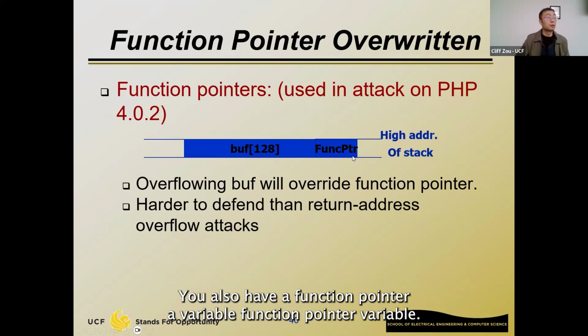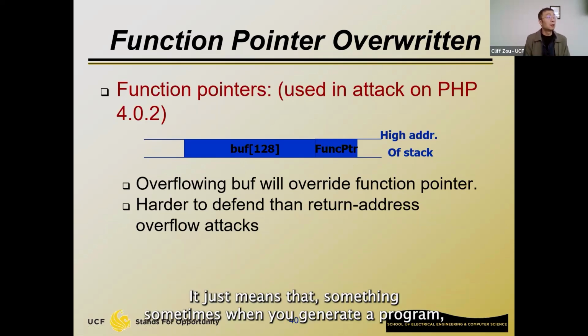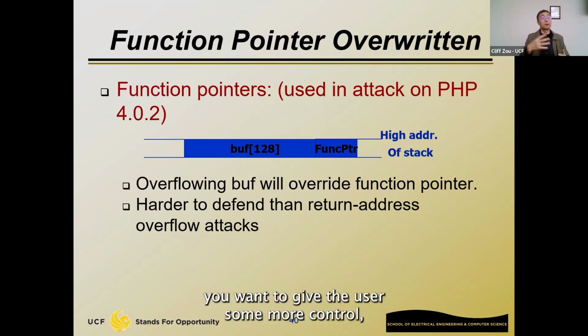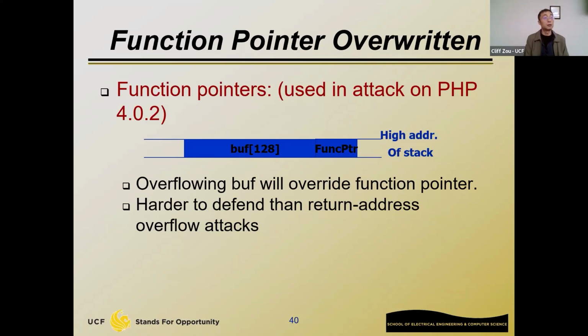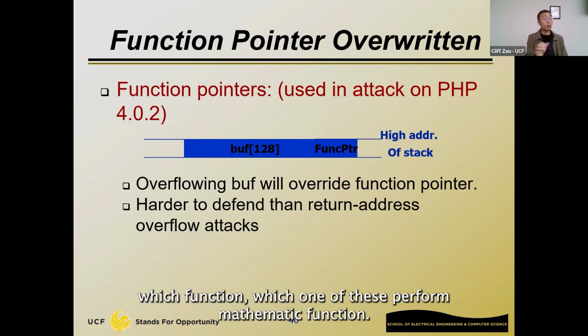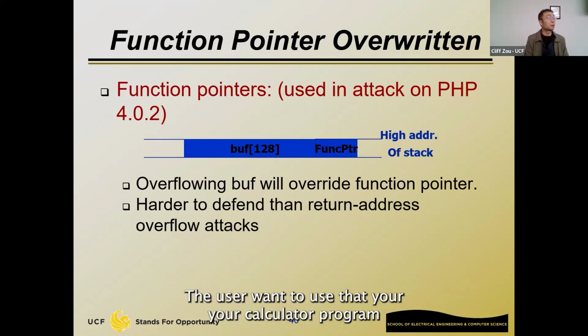A function pointer variable just means that sometimes when you generate a program, you want to give the user some more control. Suppose the program you generate is a calculator, and you provide plus, minus, multiplication, division functions. And you want the end user to be able to select which one of these 4 mathematical functions the user wants to use.